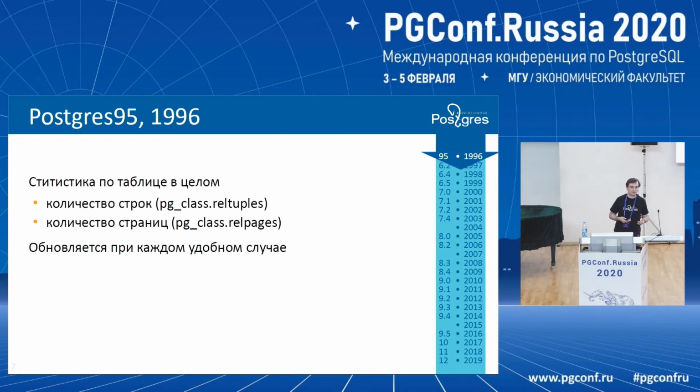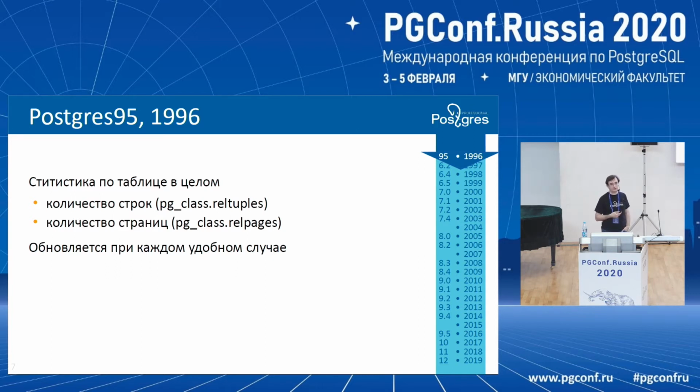We have all the hackers' mailings, and we are able to understand what happened in Postgres in the past. We can read the emails, we can even build the second version of Postgres to understand how it worked in the past. This is quite interesting.